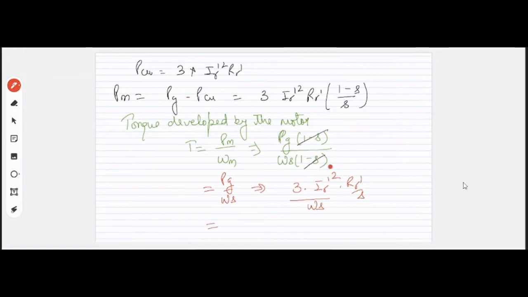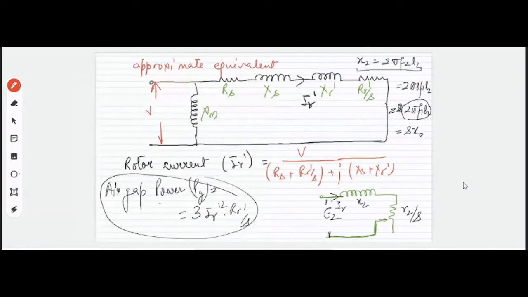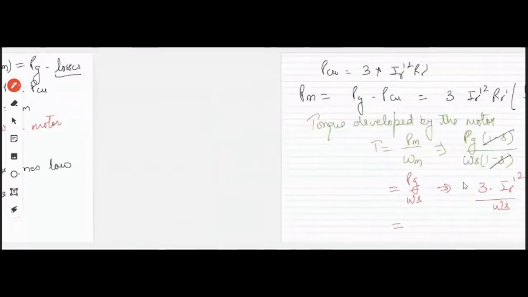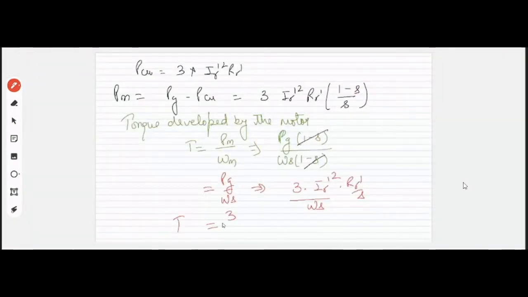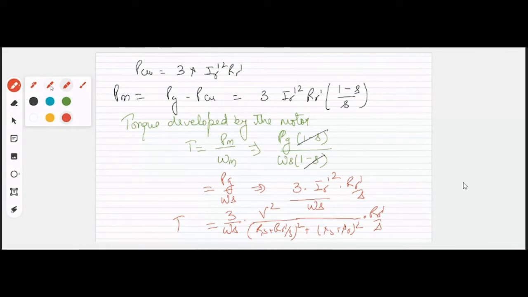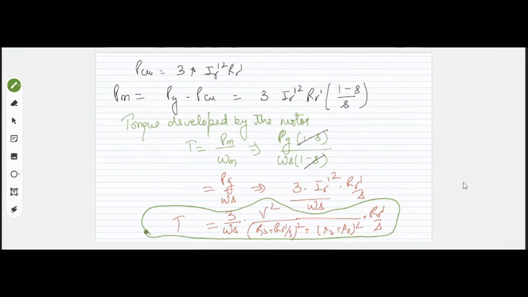Finally, substituting the value of IR dash from this circuit, we'll have the final expression for the torque, that will be equals to 3 over omega S times V square over (RS plus RR dash by S) whole square plus (XS plus XR dash) whole square, into RR dash by S. This will be the final expression for the torque, right? Do you agree with this? Yes sir.